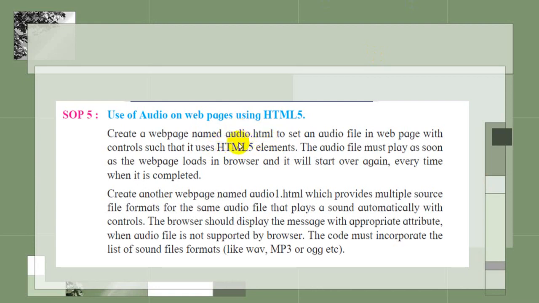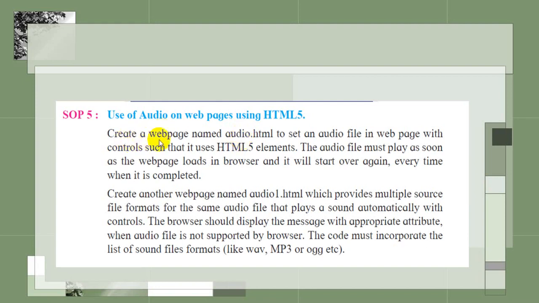If you create the HTML file with another name, there is a possibility that the examiner may cut some marks, because the question clearly mentions that you have to create a web page and the name of that web page will be audio.html. So write code and save with audio.html. Are you getting my point?